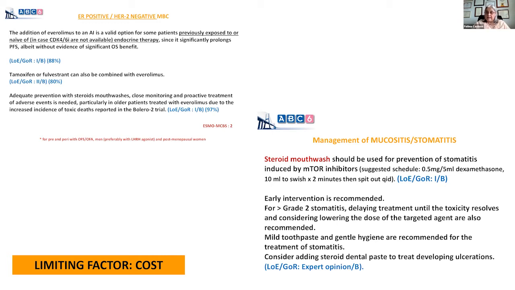So it has a bad reputation, but I actually like this drug and use it very often. And it's a quite effective drug. But I do two things. I don't use the dose of 10 milligrams. I start with a lower dose, 5 milligrams. And I also do these preventive measures. One limiting factor always is that it's also costly.